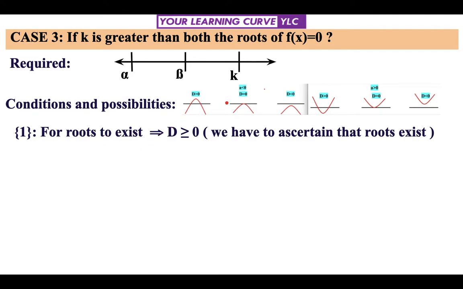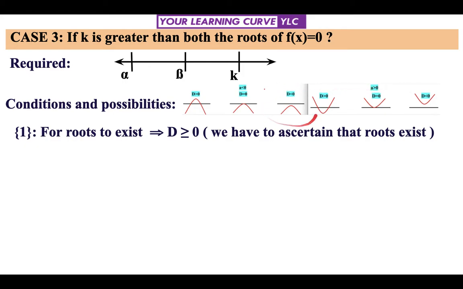So for roots, here we have to first ensure that the roots do exist. So we have to ensure that the inequality D greater than 0, or greater than or equal to 0, holds. This we have to ascertain to make sure that the roots exist. So we are eliminating these two graphs, because if the roots don't exist, then there is no point of talking about k being greater than or less than the roots, because the roots themselves are not there.